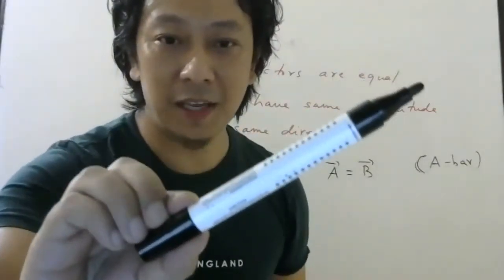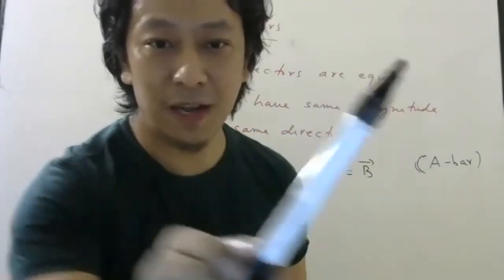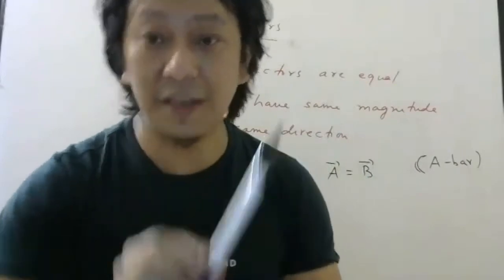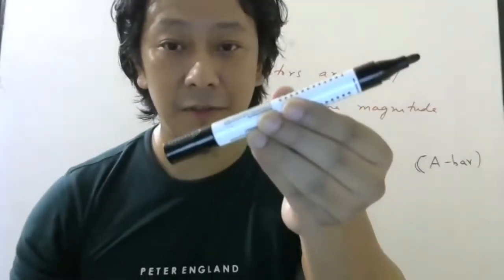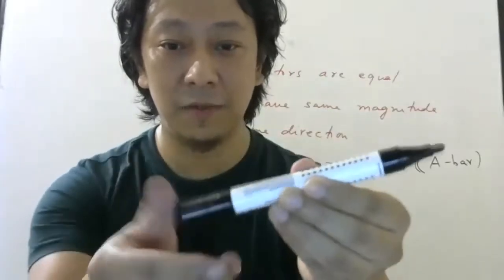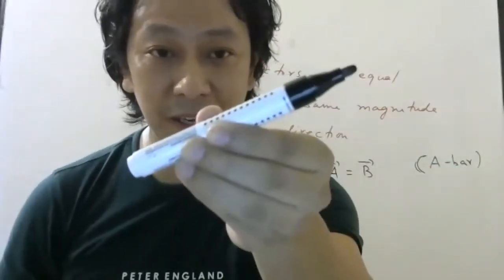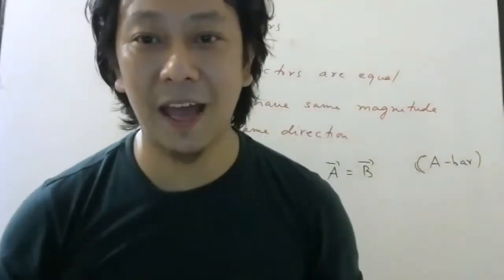If this is a vector and if I do like this, then it is not same because you have turned. So once you turn, the direction will change. Similarly, if this is the vector and if you bring it like this, but if you do like this, then again it will change because you may bring it parallel, but if you change the length, then the magnitude has changed.